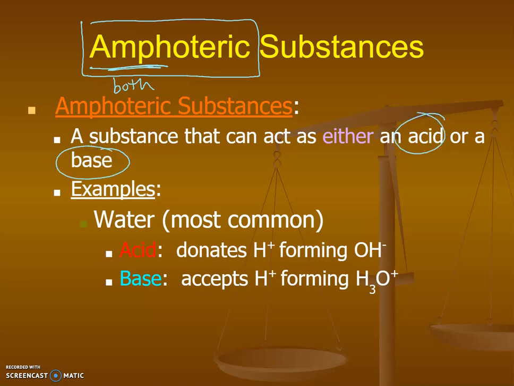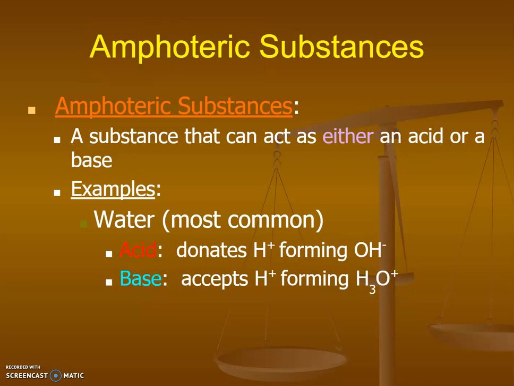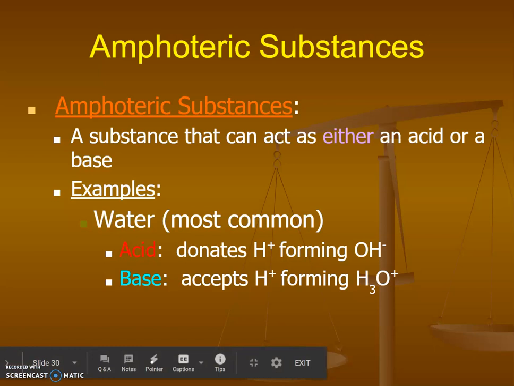It's like that friend that you have that acts one way around one group of people and acts another way around another group of people. So if water is going to be around a bunch of bases, it's going to act like an acid. And if it's going to be around a bunch of stronger acids, it's going to act like a base. So you might see that it forms OH minus and it also forms your hydronium ion. Okay? We all have those friends.